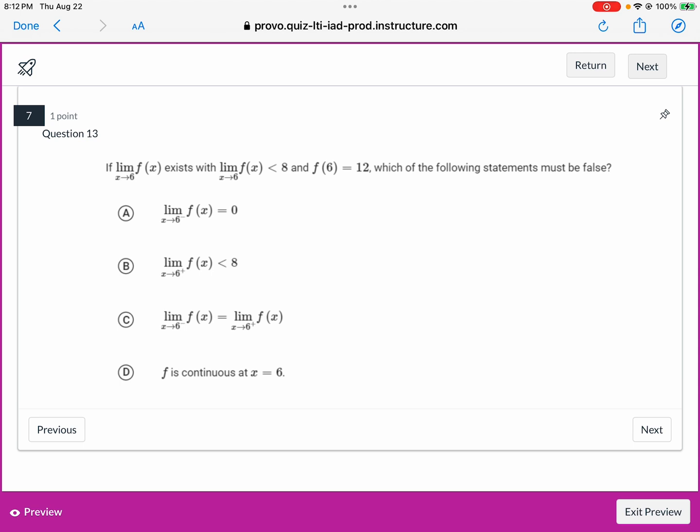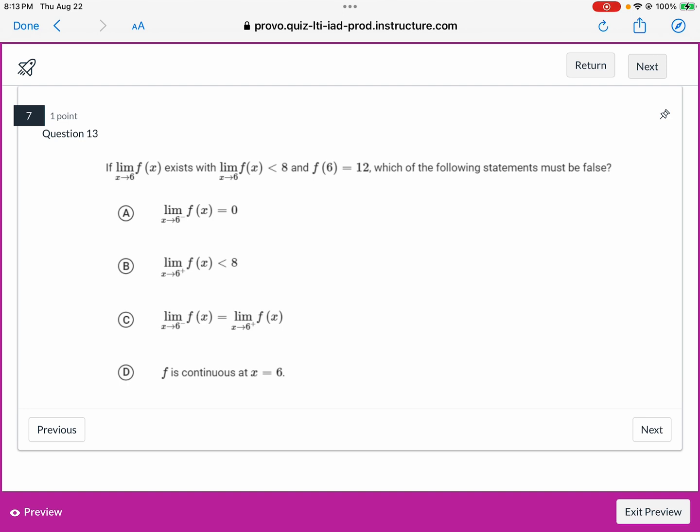The limit as x approaches 6 from the left of f of x is equal to 0. It could be that, because it does say that the limit as x approaches 6 exists. If the limit as x approaches 6 of f of x exists, then the limit from the left and the limit from the right are going to be the same, right? And then it says that the limit as x approaches 6 of f of x is less than 8.